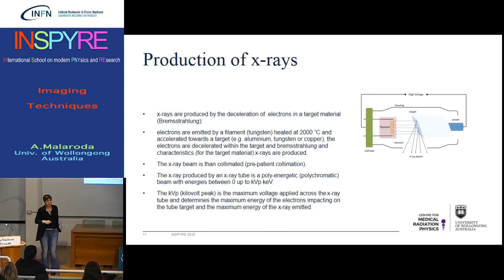And I'm going to go back one slide to show you how the X-rays are produced in an X-ray tube. First of all, if I want to create X-rays, I need electrons so that they can be decelerated in a material. The way I produce electrons is by running current in a filament.